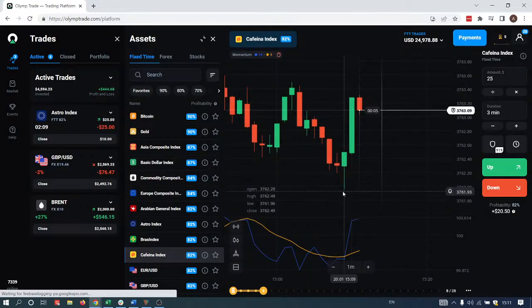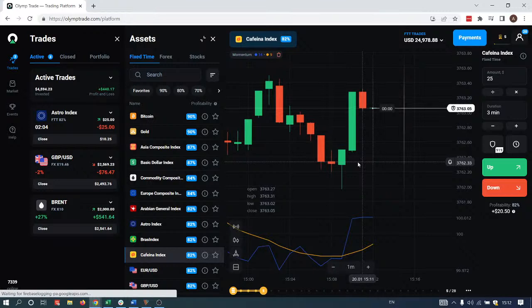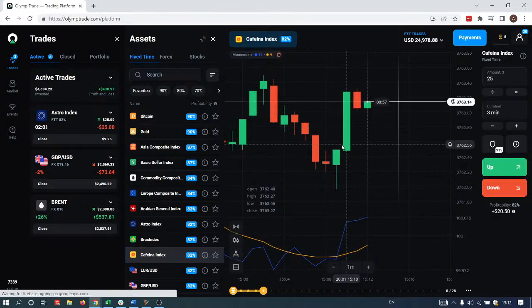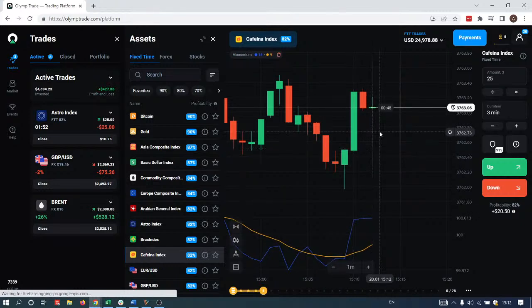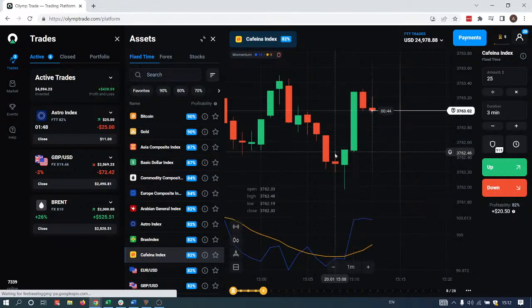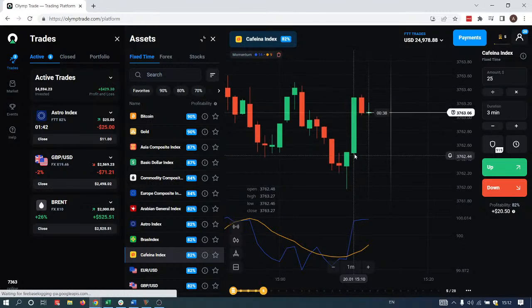All right. So let's talk about the caffeine index a little bit. As you can see, the signal appeared just 2 candlesticks ago, right? So it's a recent signal, and hypothetically, I could still use this signal. But what I don't like about this signal is that it appeared here when the price was kind of here, and then we can see this huge green candlestick that basically pushed upwards.